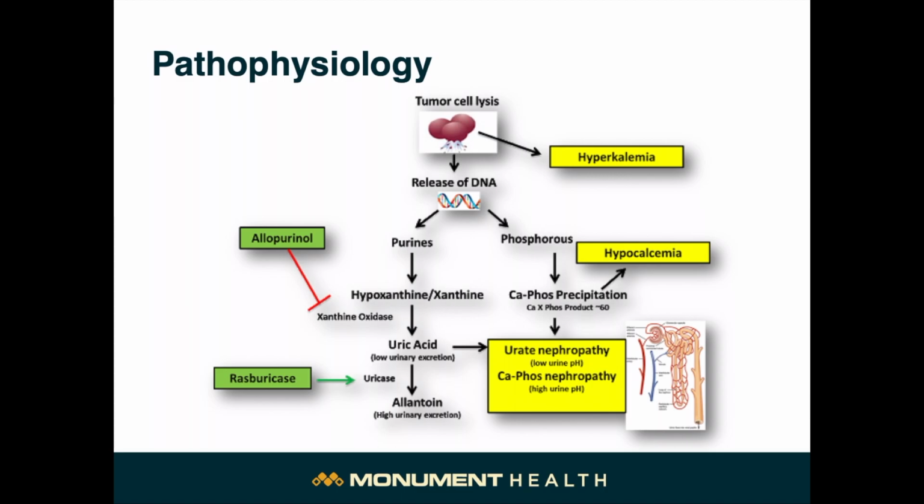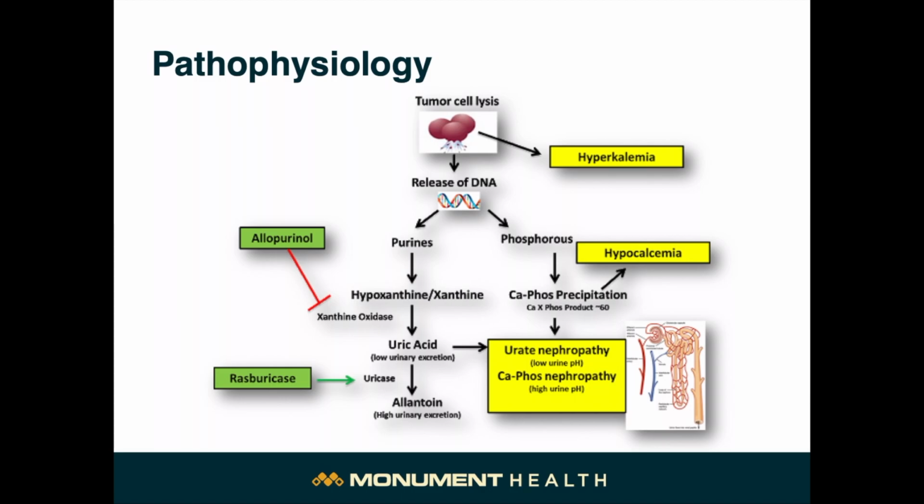If it does follow chemotherapy administration, we can expect to typically see tumor lysis syndrome within 12 to 72 hours after that infusion. What happens in tumor lysis syndrome is there is an influx of electrolytes and nucleic acids that are released into the circulation.